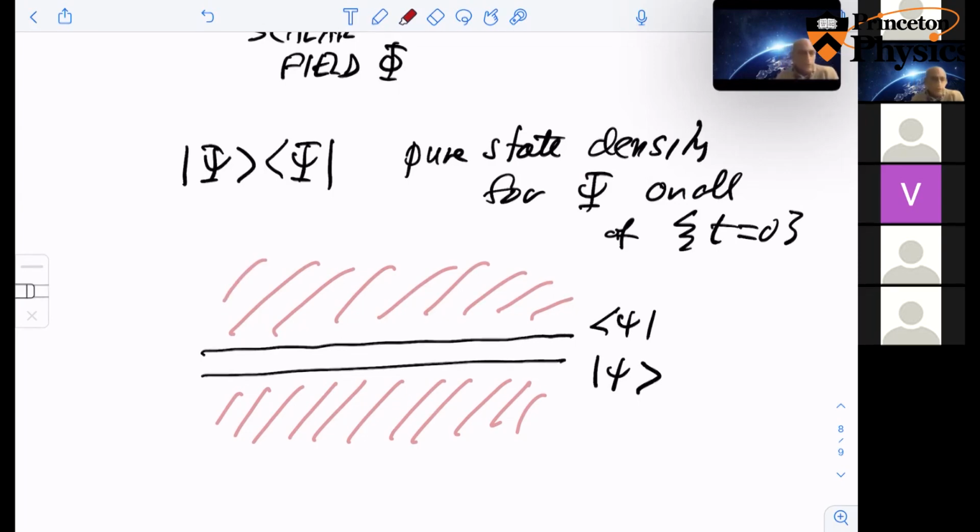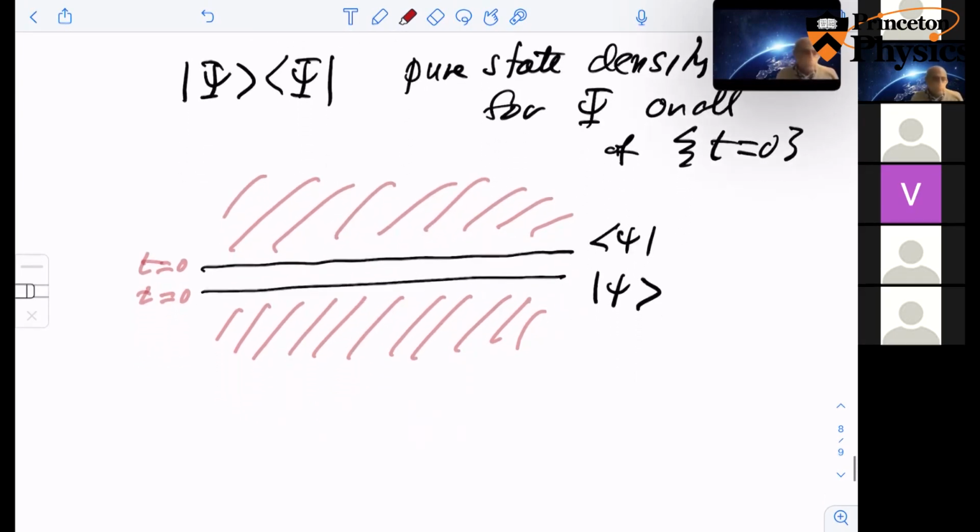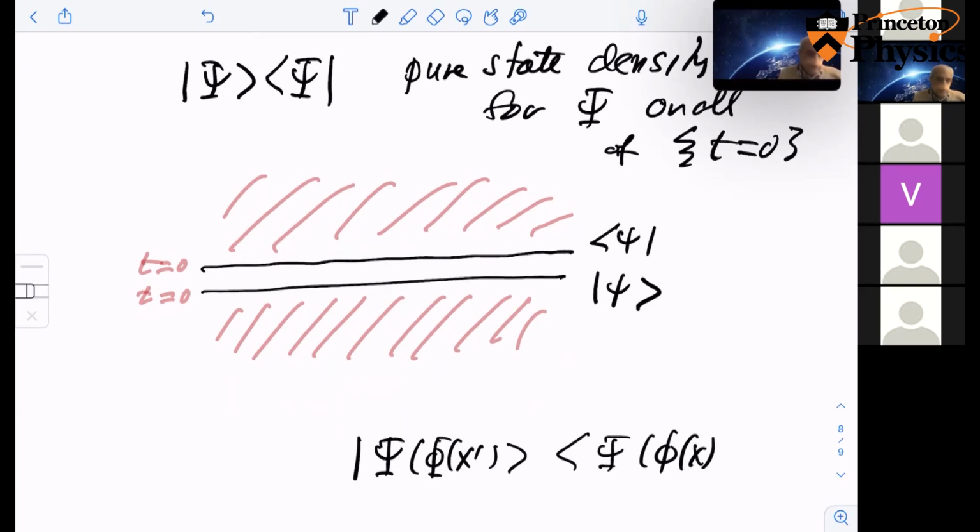Now, in this picture, the two black lines both represent time zero. I've just drawn two copies of time zero because the bra and the ket are both functions of psi of x. Let's say one is a function of psi of x prime, and the other is a function of phi of x, where x lives here and x prime lives here.